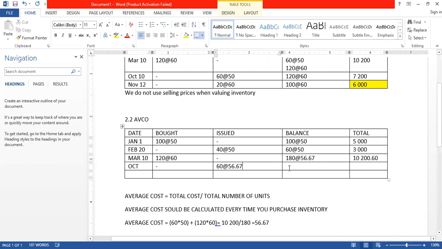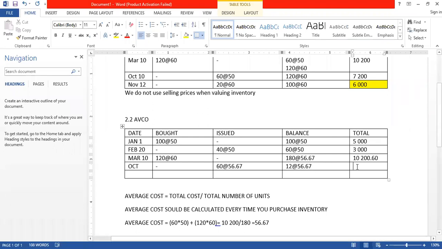So what will be our new balance? 180 minus 60 will give us a total of 120. So 120 units are left at the price of 56.67. Okay, I hope we understand.